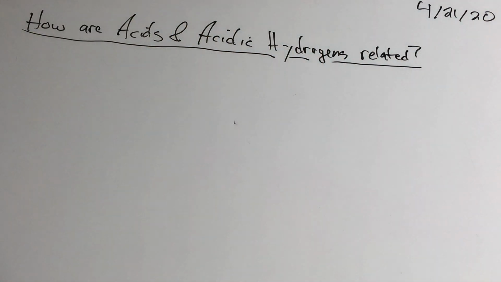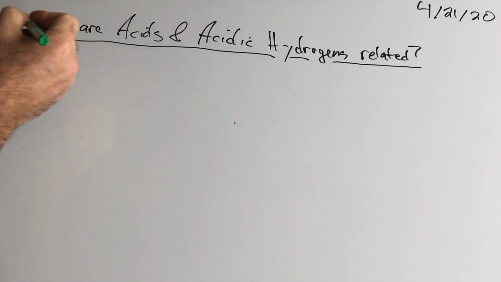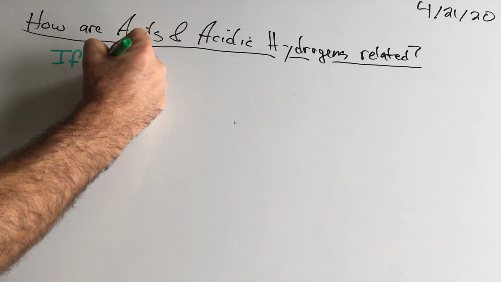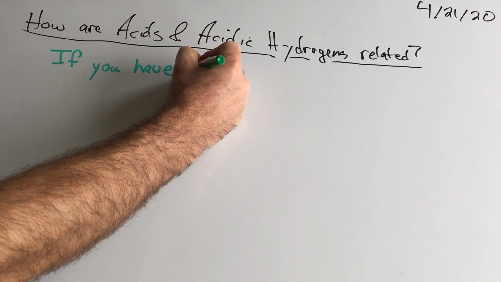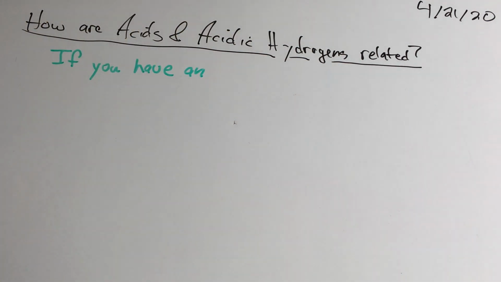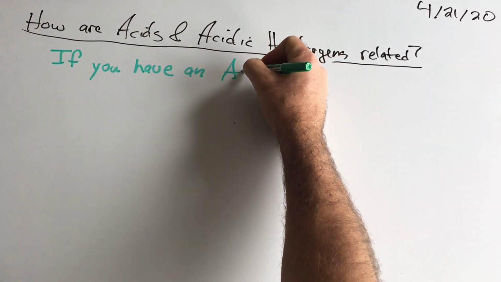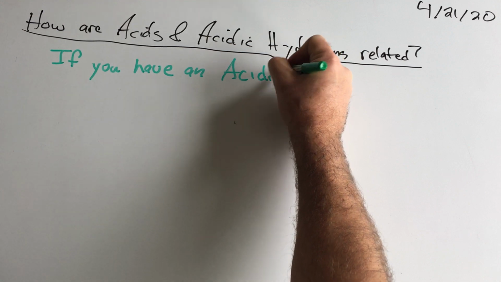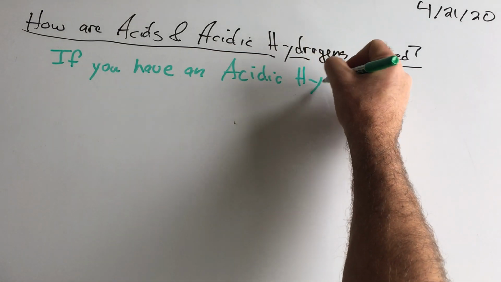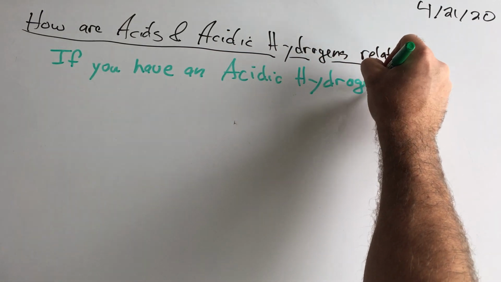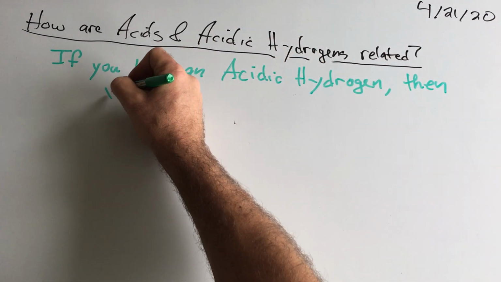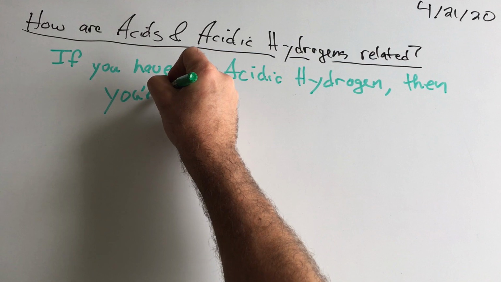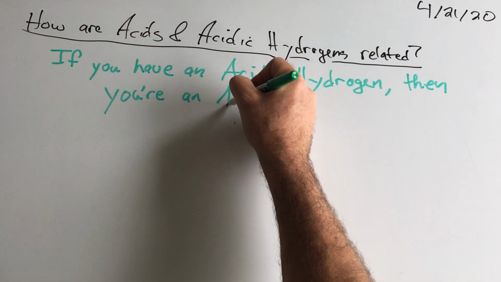And the answer is, if you have an acidic hydrogen, then you're an acid.